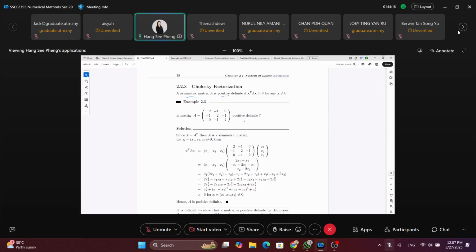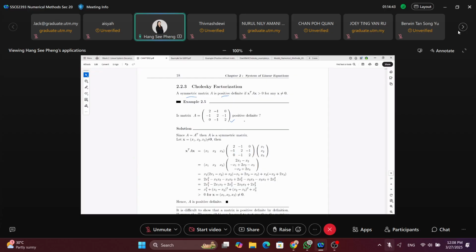So you want to test whether this given matrix A is positive definite. First of all, we check whether it is symmetric or not. Yes, it is symmetric. If you forget what a symmetric matrix looks like, try to check it. And you proceed based on that definition.